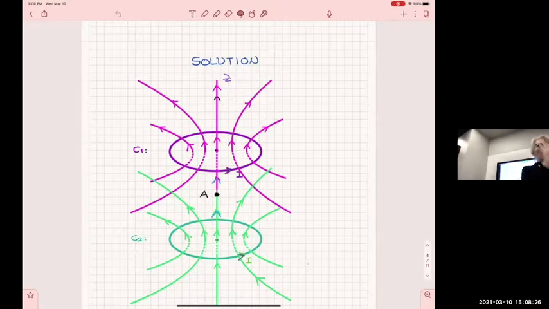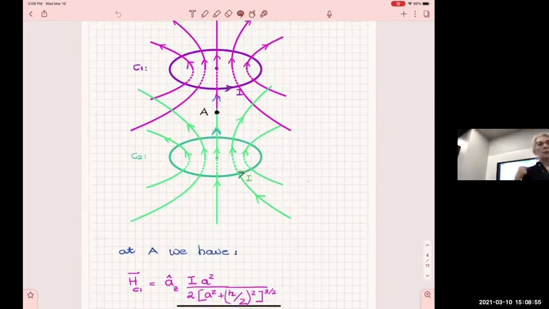They all come perpendicular. If you were an observer and you looked at exactly what happens on the surface of the loop, you would see all of these lines crossing the surface of the loop perpendicularly. Important observation. Never forget that. And then they go out of the loop and close somewhere. Okay, so that is the purple. Now I'm going down to the green one, which is the second.